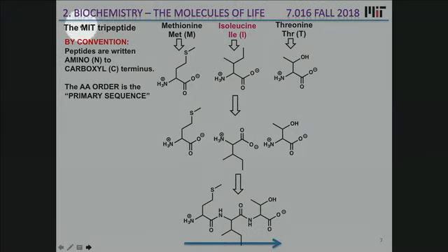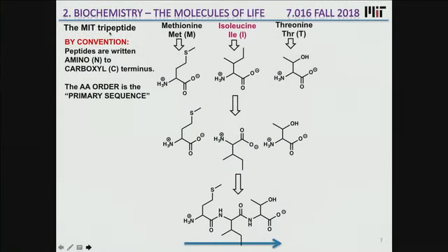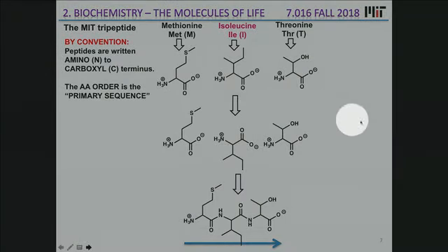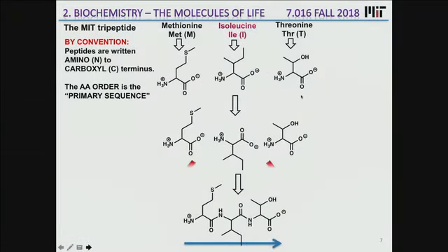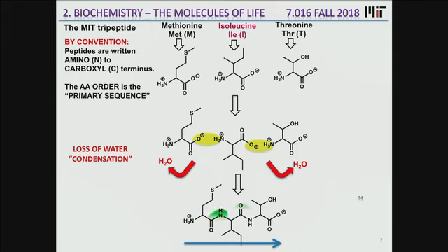By convention, if I'm going to draw a peptide that's methionine, isoleucine, threonine, you can look up those names on the chart. That would be the MIT peptide. These are the 3 amino acids. I'm going to condense them into a tripeptide. When I condense 3 amino acids, I spit out 2 molecules of water, and I put in place 2 amide or peptide bonds.